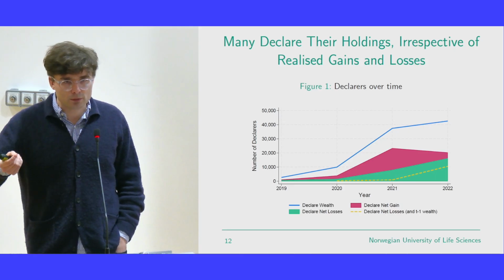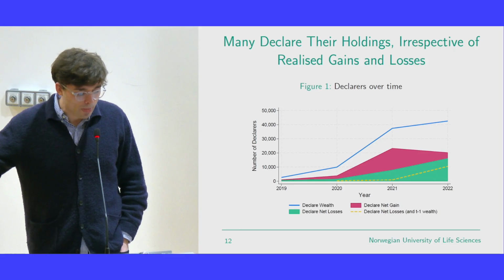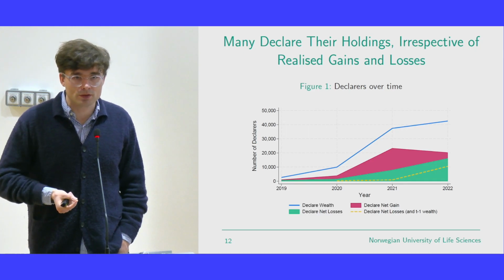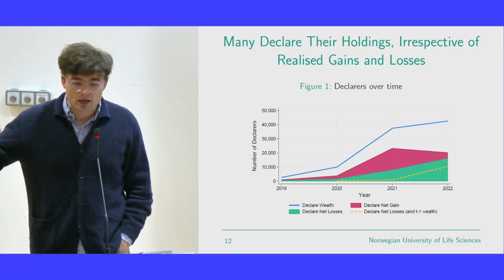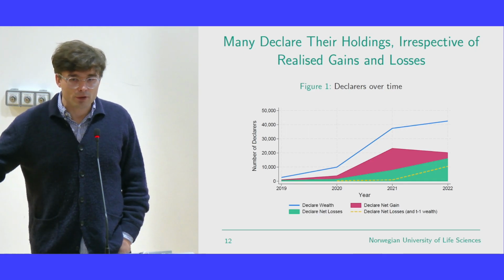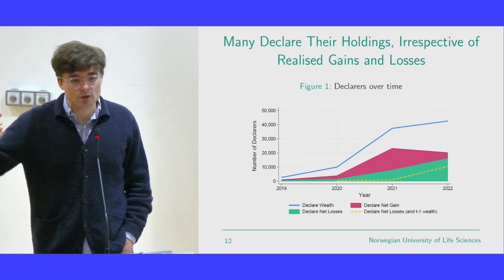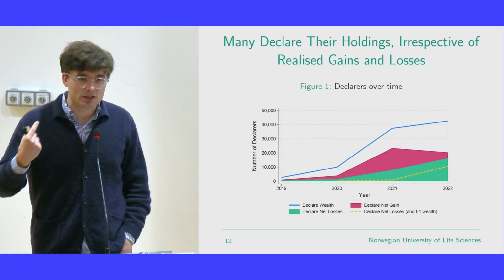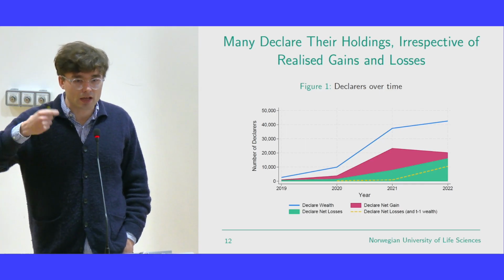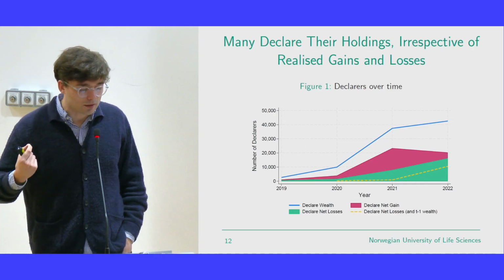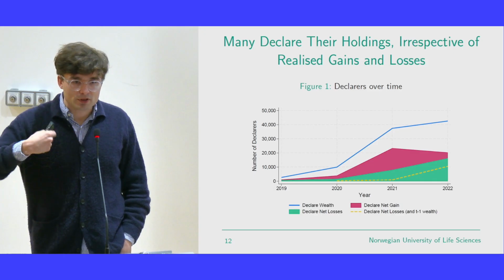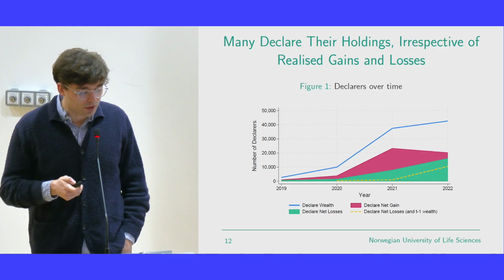You see a big jump from 2020 to 2021. And some of these are people that also declare a net gain or a net loss during this year. But you also have a lot of new reporters that don't really sell or buy. So there's no new realization going on or new tax liability. It's people starting to report their wealth.